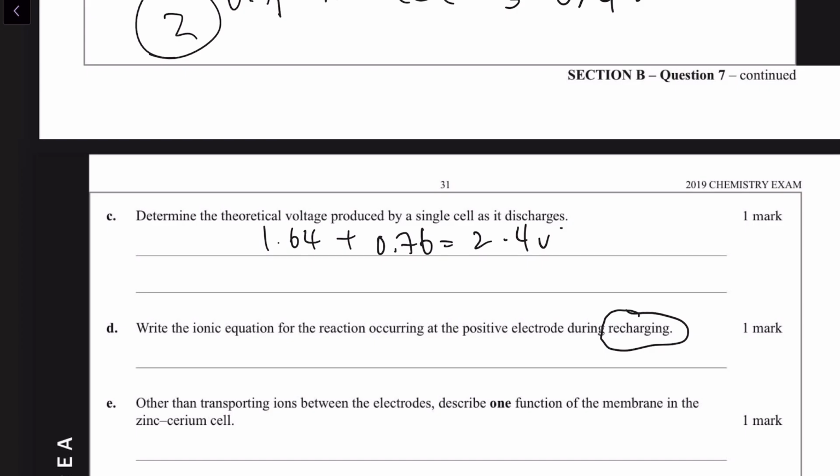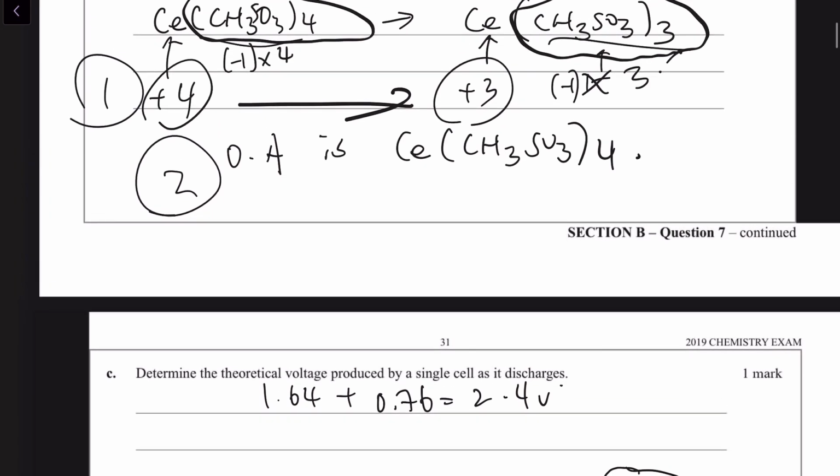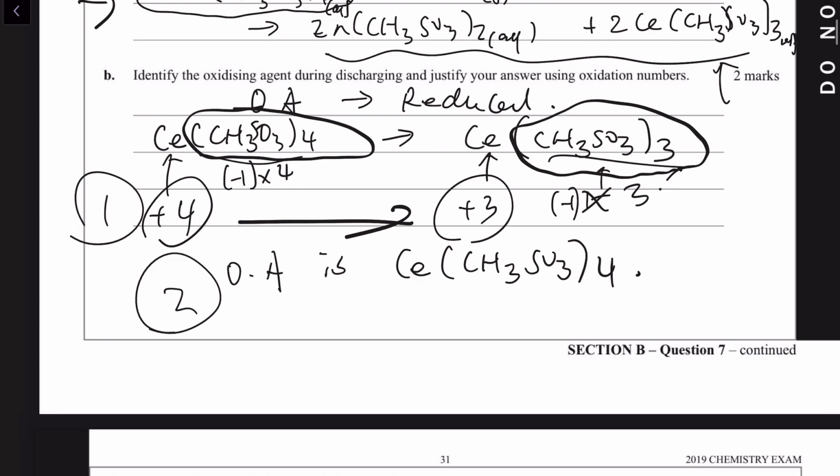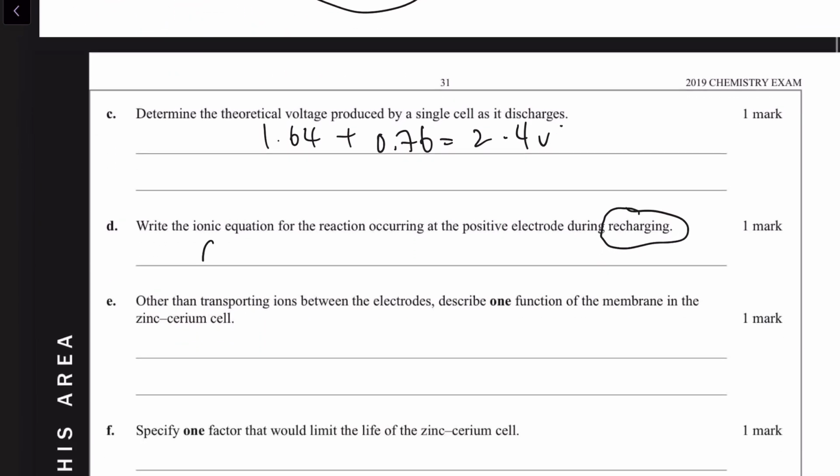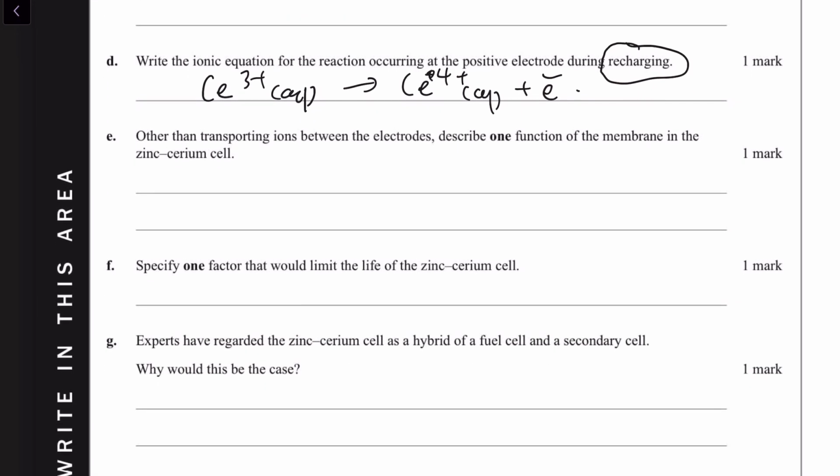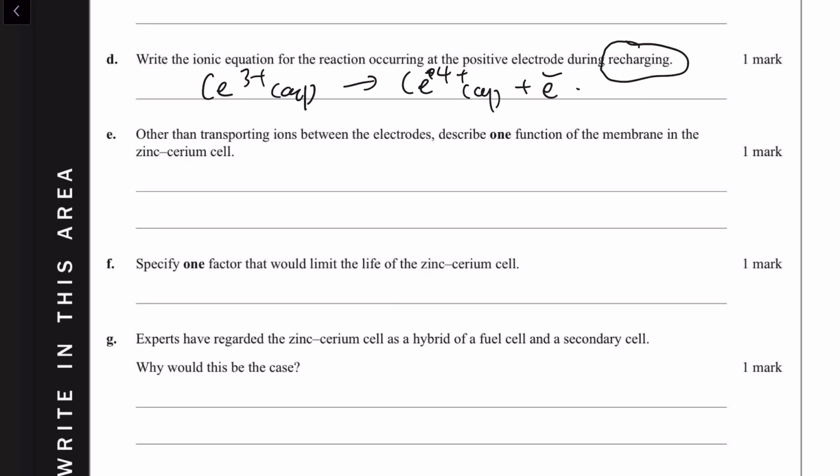It should lose electrons to go from +3 to +4. The oxidation number should look something like this. So before, during discharge, it's being reduced, or it's the oxidizing agent. During recharge, it should be the reducing agent, or it should be oxidized. So this is a very tricky question.